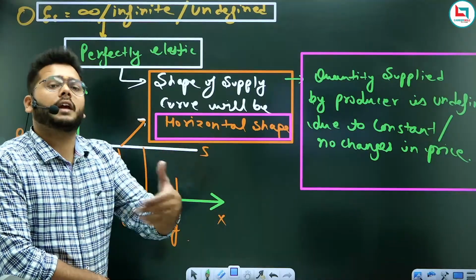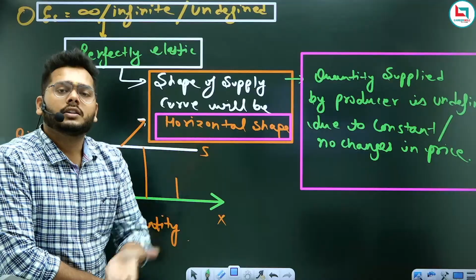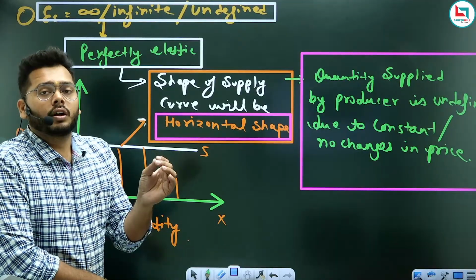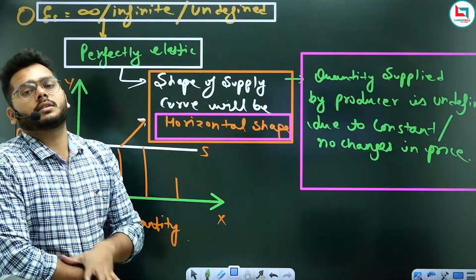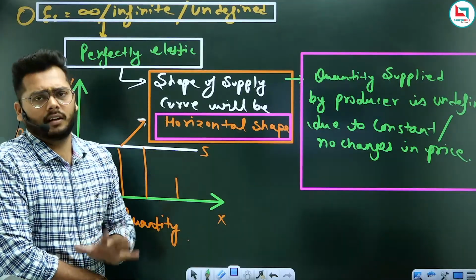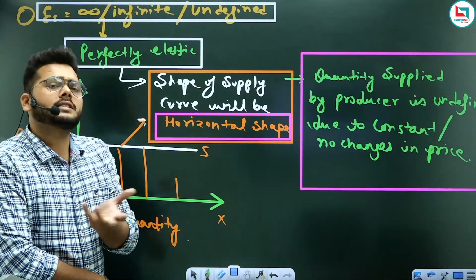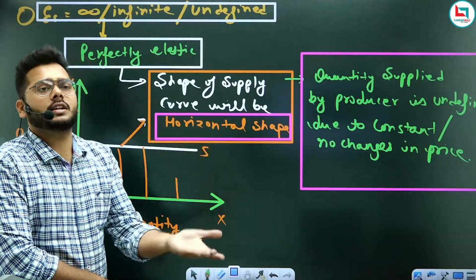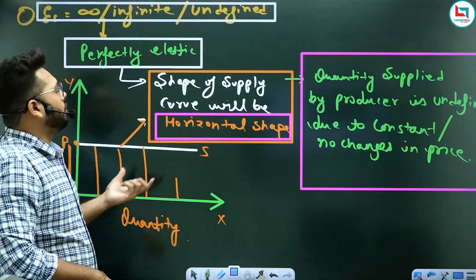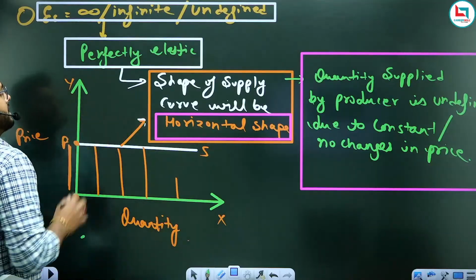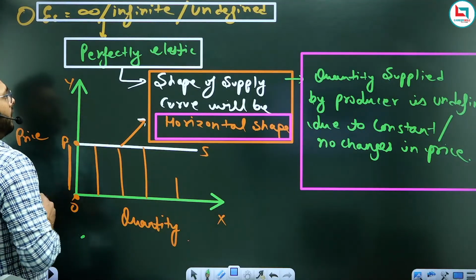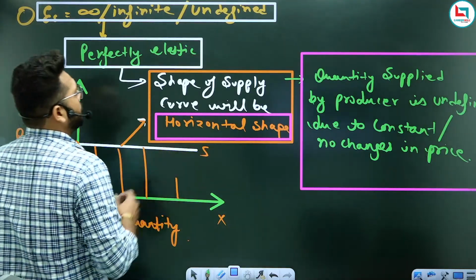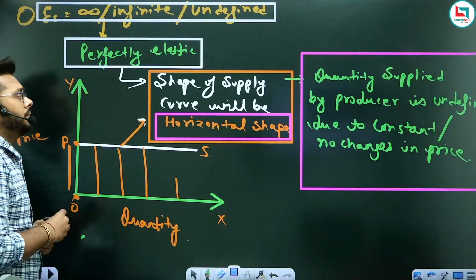That means there is no dependence of the quantity supplied on anything, because the main dependency is price, and price is constant. So how much the quantity will change, we don't know. The shape of the supply curve in perfectly elastic is horizontal.